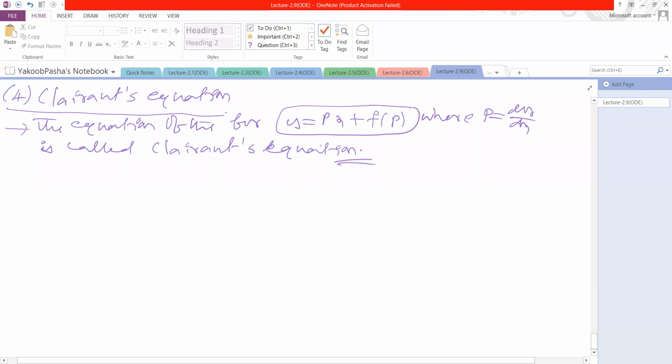Now to solve the Clairaut's equation, first we have to differentiate this equation with respect to x. This is equation 1.